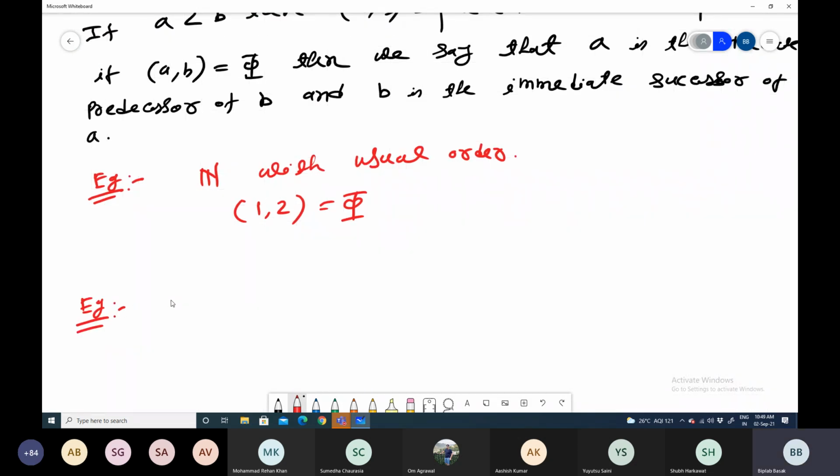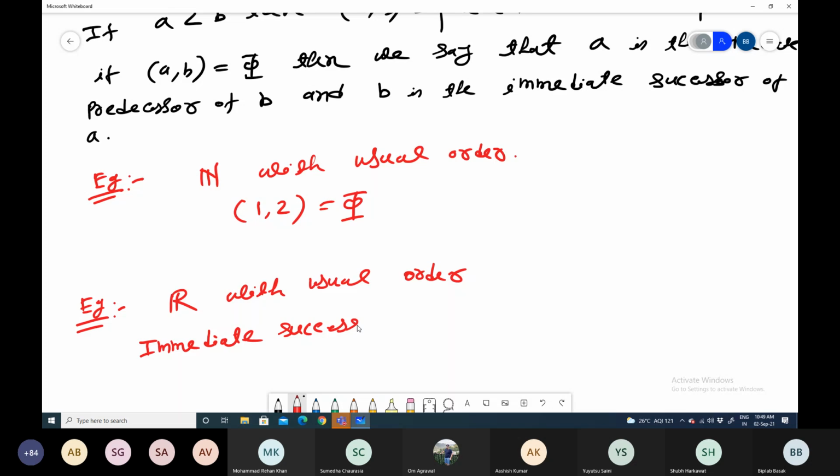Now suppose you have R with the usual ordering. Can you tell me what the immediate successor of 1 is? Not defined.